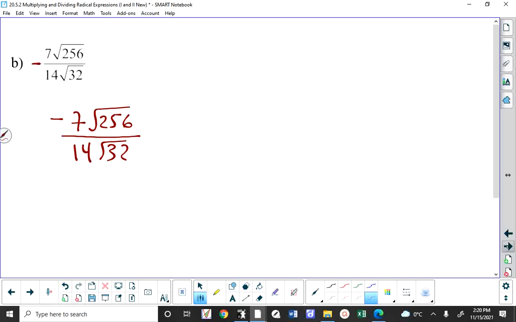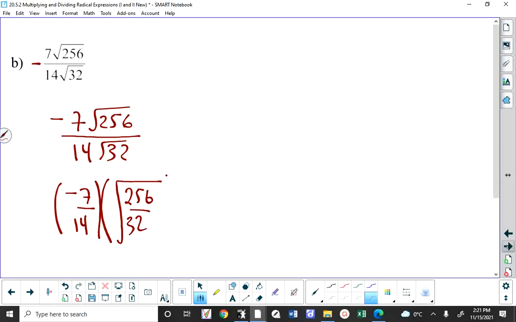Put it somewhere. Put it on the top, put it on the bottom. So when I say we divide coefficients with coefficients, I'm saying that what we're going to be doing is this. We're going to write negative 7 over 14 and root 256 over 32. We're dividing coefficients with coefficients.